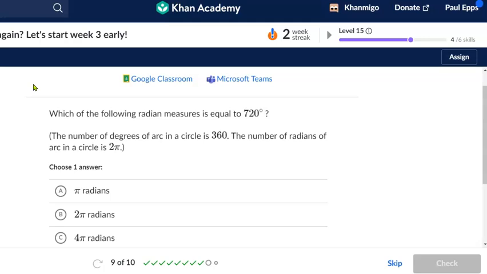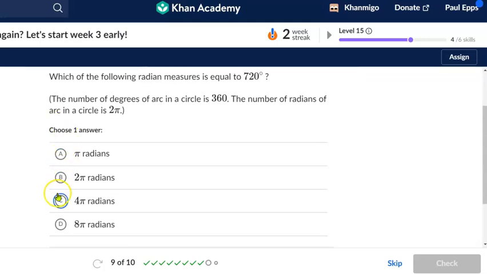If you know that, then you can figure out any conversions back and forth. But let's see, 720. So 720 is 2 revolutions around a circle. And so you've got to go 2 pi times 2, which is 4 pi radians.